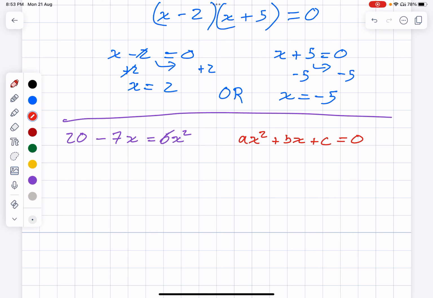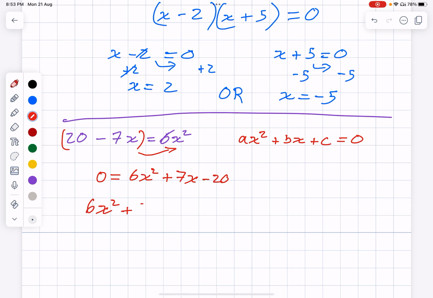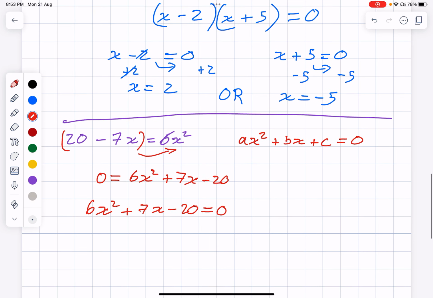So in this case, what we can do is switch this all to the other side, making it 0 equal to 6x squared plus 7x minus 20, which is also the same as 6x squared plus 7x minus 20 equal to 0. You can also write it this way. It won't matter either way because the answer is going to be still the same.